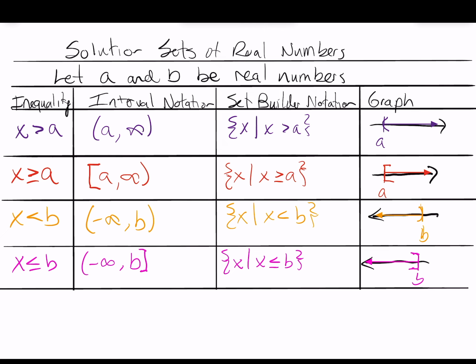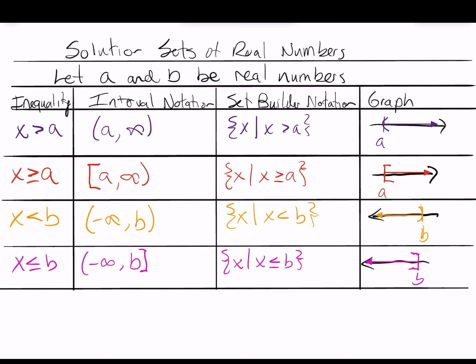The only difference between that and our final row is the less than or equal to, which changes this parenthesis here to a bracket to indicate that the right endpoint is included. Set builder notation includes the inequality, x such that x is less than or equal to b, and then our graph, again, starts at the point b, including b, and it extends indefinitely to the left toward negative infinity.